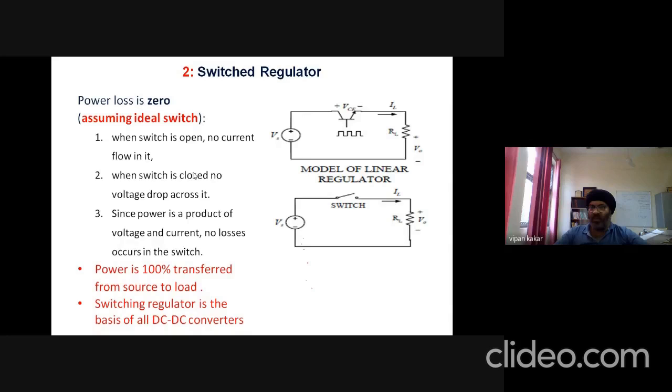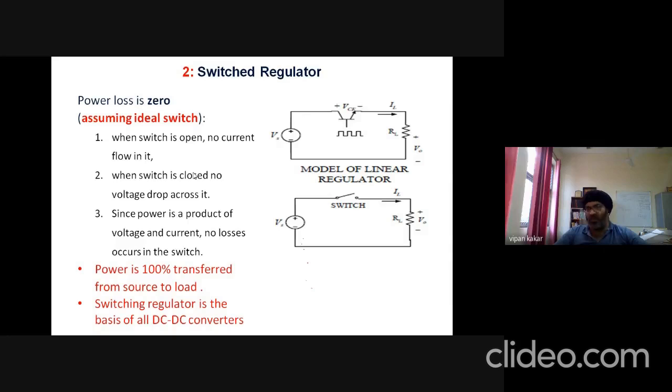Always. So it always has a power loss. And if it always has a power loss, the output power is less compared to input. So the efficiency is very low, depending upon the power losses. So it can never have 100% efficiency in a linear regulator because of the operation in the linear region. But in this case, when the switch is on, power is zero, ideally.